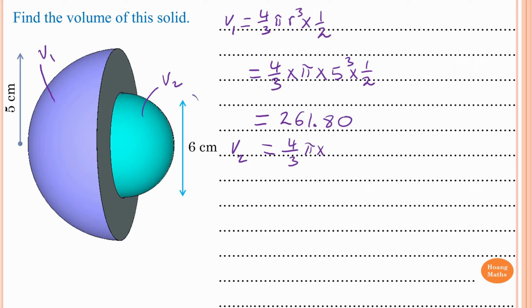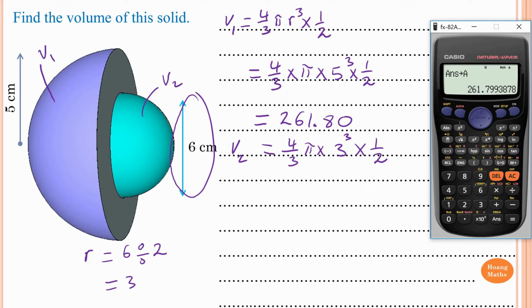Now remember, 6 is the diameter of this second sphere, so half of that, the radius is 6 divided by 2, which is 3, so which is times by 3 power of 3, and then times by a half. So that is the second volume. So I just put it in the calculator now. So 4/3, and then you times by pi, times by 3 cubed, 27. Otherwise, just write 3 cubed, and then you times by a half or divide by 2.